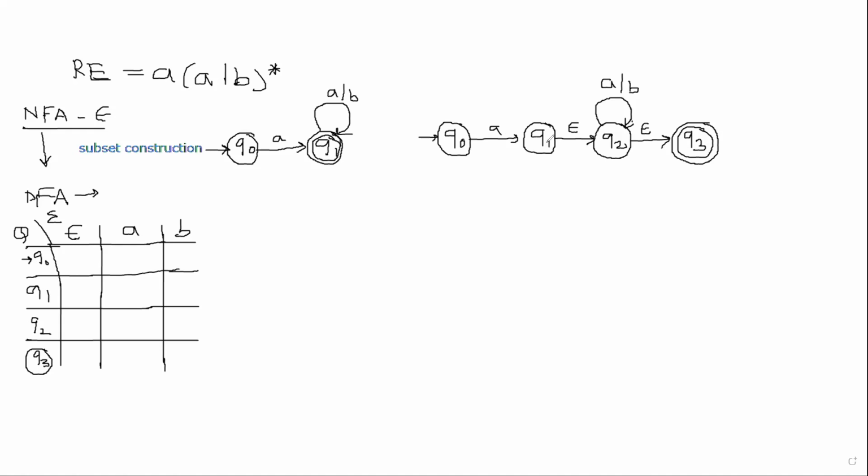Q0 with A, you are reaching to Q1. So Q0 on A, the entry is made in the table as Q1, while Q0 with null has no explicit entry. But from Q0, if I want to remain in Q0 itself, then I am applying no input.